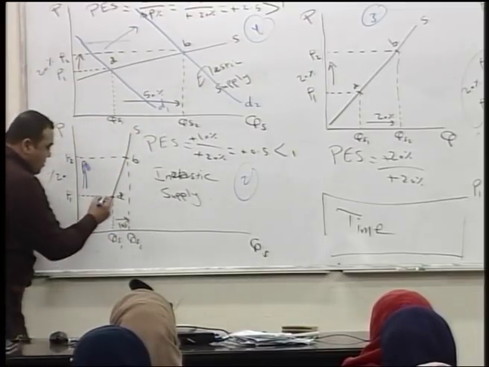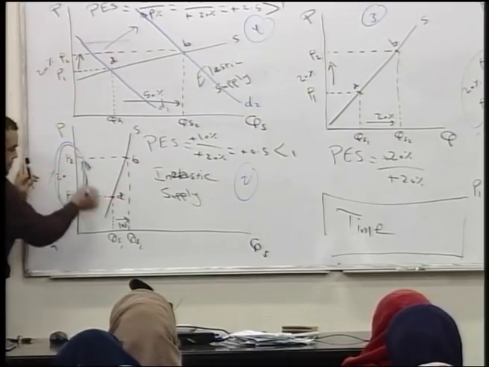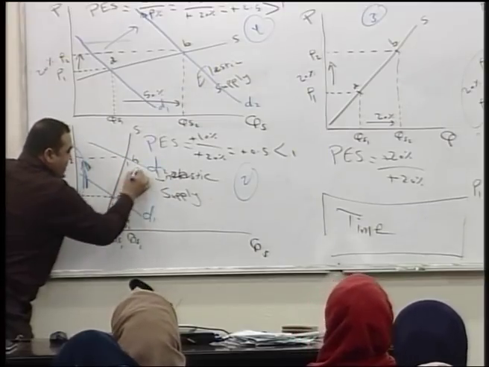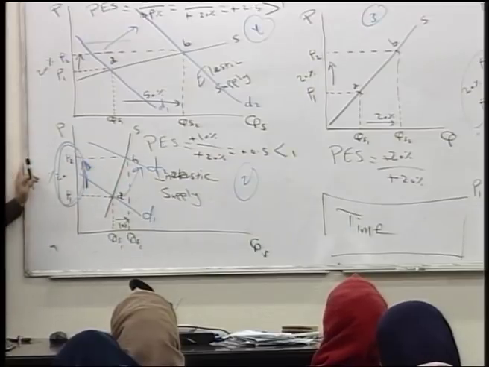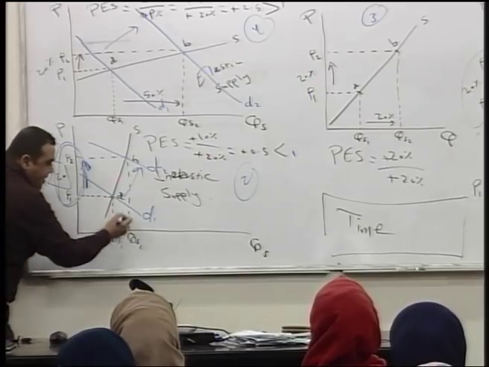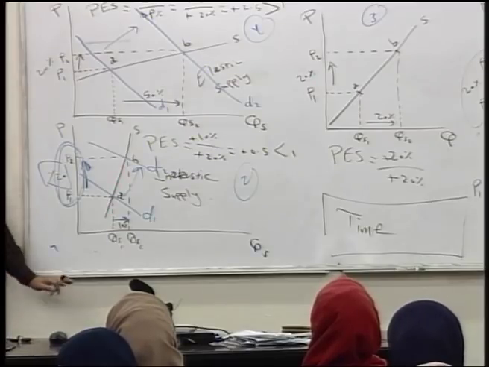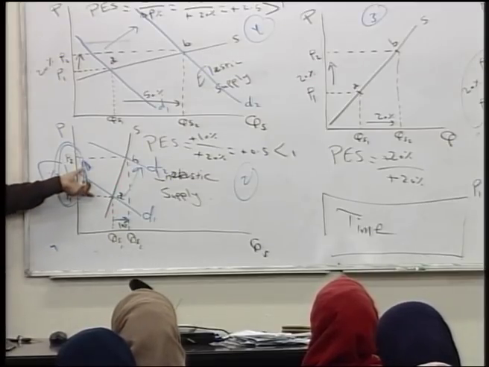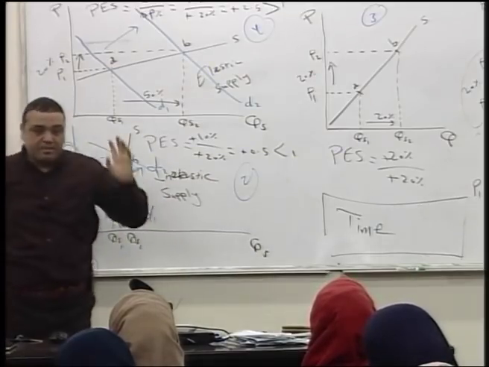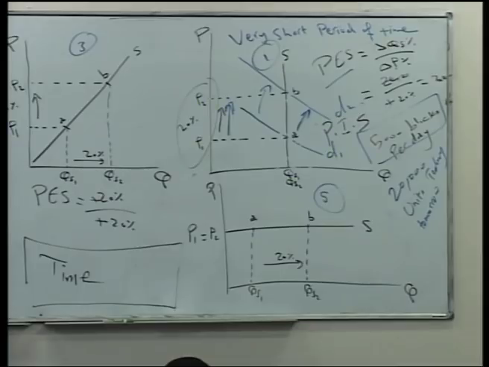So in this case, as the price goes up, when demand goes from D1 to D2, in the short run, as the price goes up by 20%, he can increase his production by 10%. Or the percentage change in price here will be larger than the percentage change in supply. It means he can produce a bit more; production doesn't increase by zero, it increases a little. Where is this? In the short run.